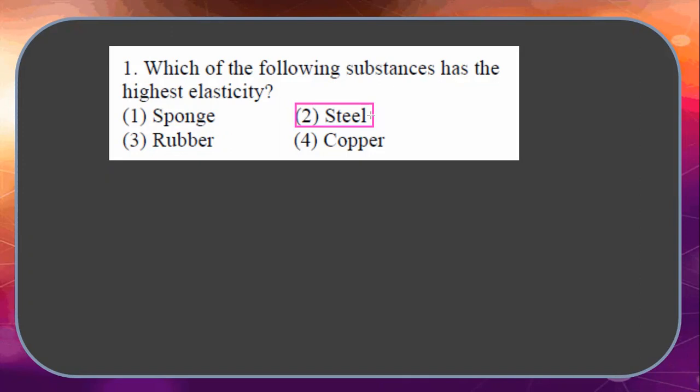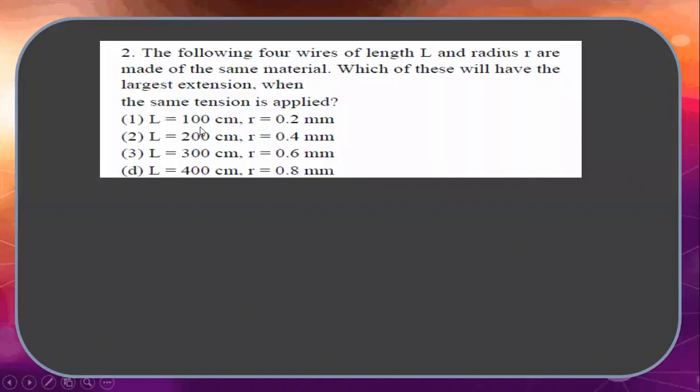Steel is more elastic than rubber or copper or sponge, because it is more difficult to strain. That's why it has the highest value of elasticity. Then 4 wires are there.